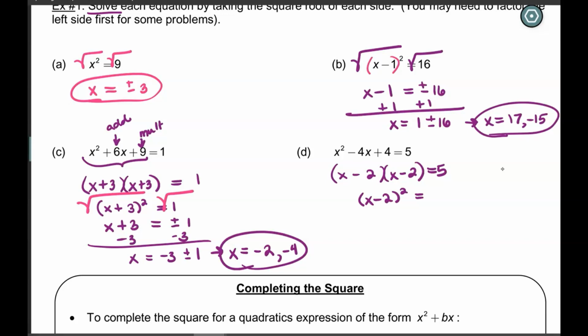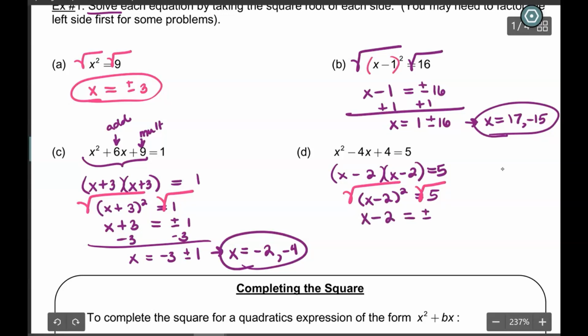So that's going to be minus 2 and minus 2. So we get x minus 2 squared. We take the square root, and we end up with x minus 2 equals plus or minus, now, square root of 5. There is no whole number that's going to multiply to itself to give us 5. So we actually just leave the square root of 5 the way we see it.